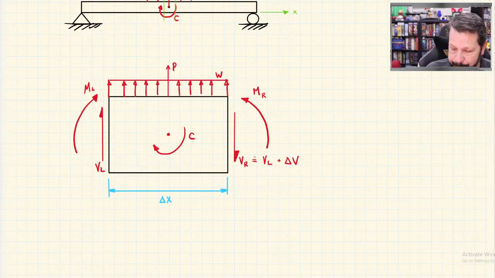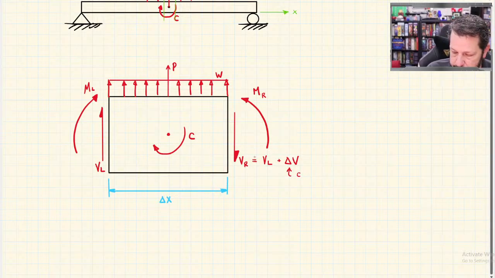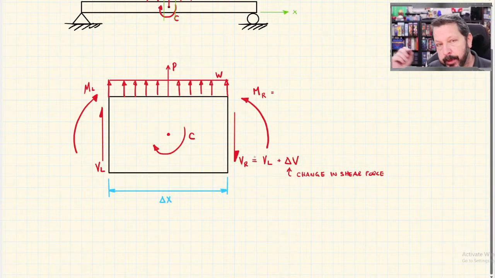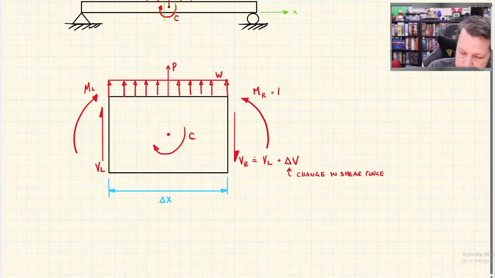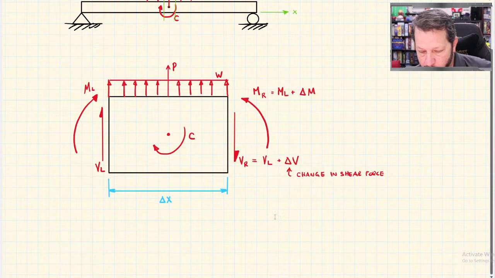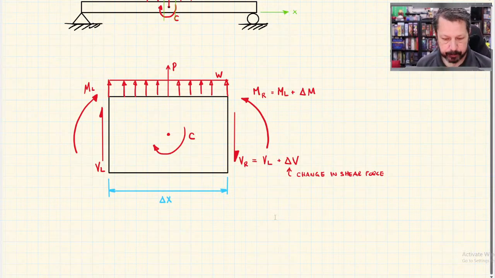So that's all I'm going to do. So this is change in shear. And I'm going to do the same thing for the bending moment. The one on the right hand side is equal to the one on the left-hand side plus whatever change happens between left and right. And you'll see why we do that in a minute.